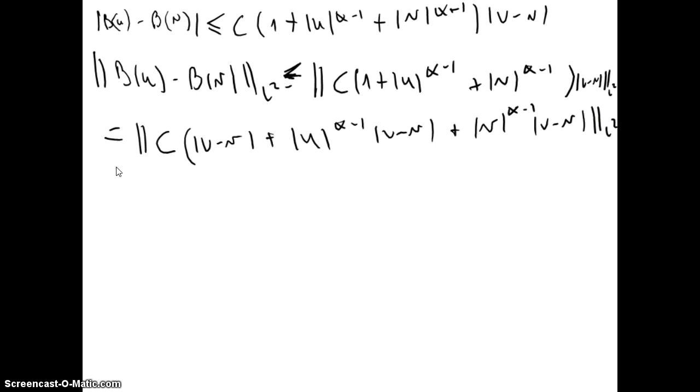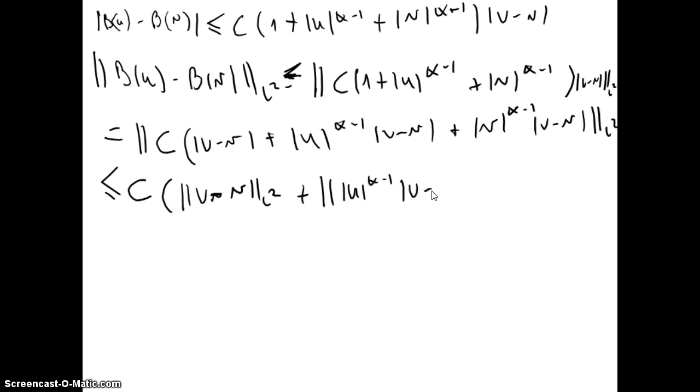So one can bound this by c, take the c out, and then we get, for this term, u minus v in L2, plus the absolute value of u^(alpha-1)(u minus v) in L2, plus this one, v^(alpha-1)(u minus v) in L2.